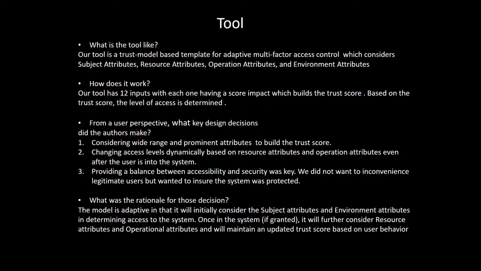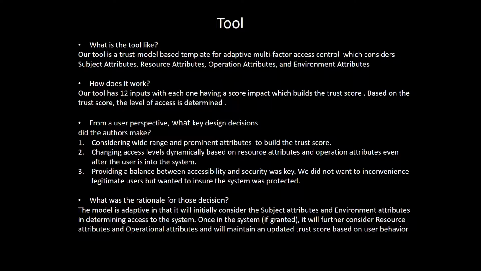So the access rights for a user after the user is in the system are not fixed like in other trust models. We also provide a balance between accessibility and security, considering that users should be comfortable with the system, and it should not ask too many authentication and access control questions and credentials from the user.